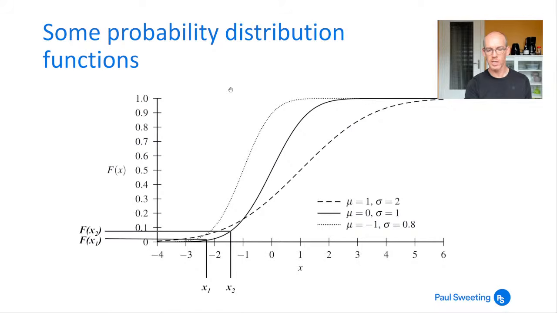So you can go back to this chart again and say, just read off your distribution function for x2, read it off for x1, and subtract F of x1 from F of x2, and that gives the probability of some random variable lying between x1 and x2.